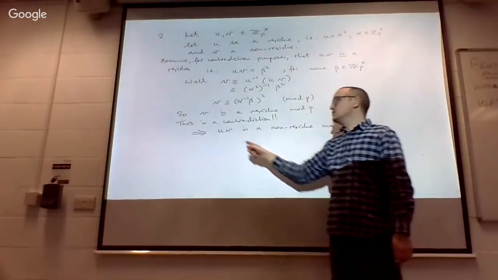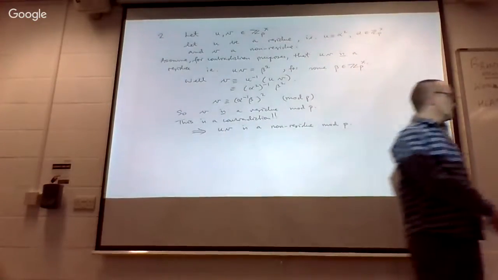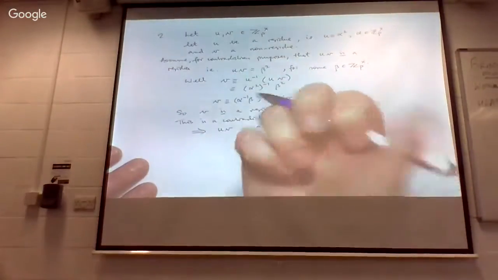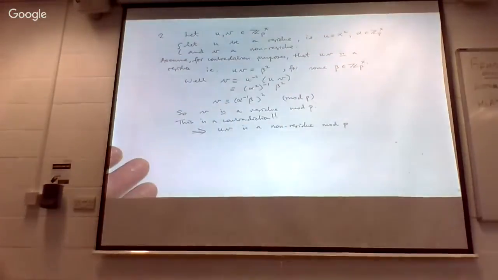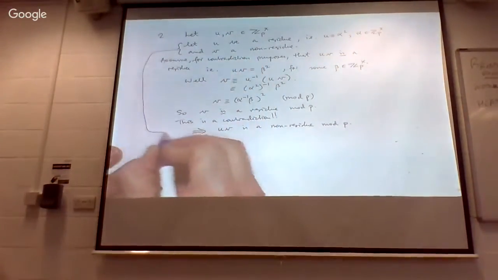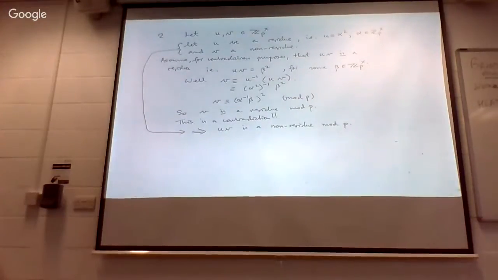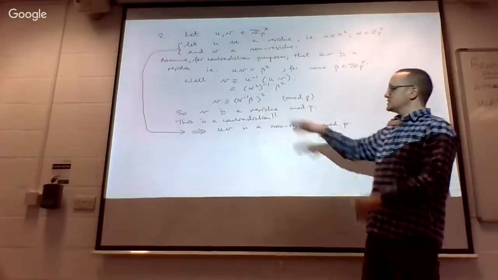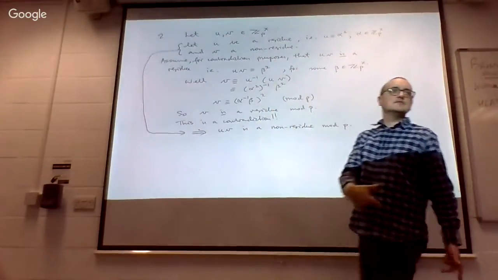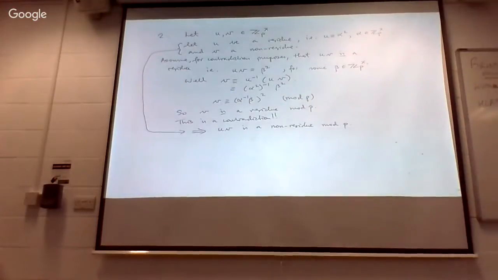So the conclusion must be that under these assumptions here, these give us that UV is a non-residue. It can't be a residue, because if UV is a residue, with these assumptions, you get a contradiction. V is both a non-residue and a residue.